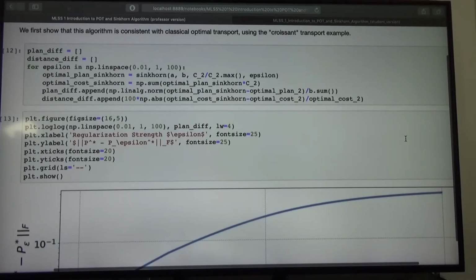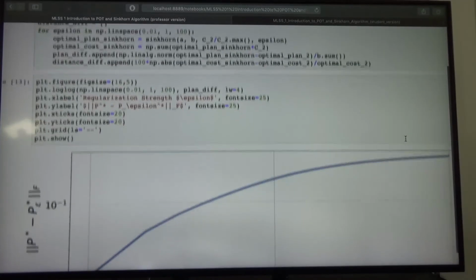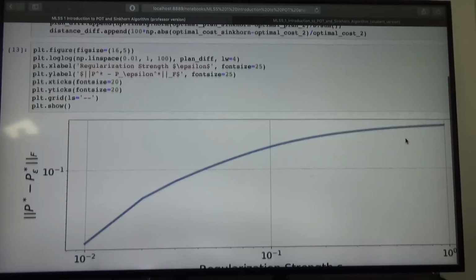Okay, so for all the epsilons, what we're going to do is compute the optimal transport plan for Sinkhorn and its optimal cost, just by calling this function Sinkhorn that we've just coded. And when we plot, what's going to happen is the following.